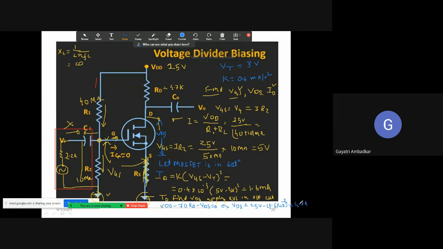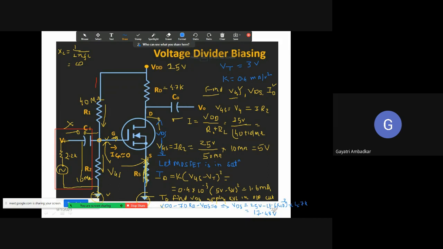So you get value of VDS equal to, I got it as 17.48 volt. Okay. So both the things you have found.